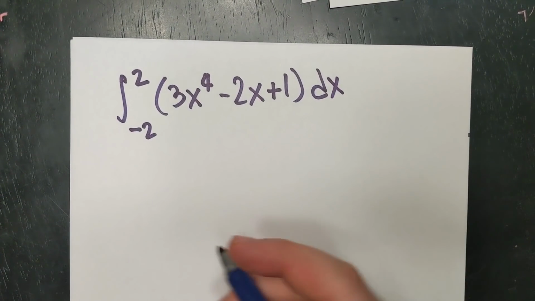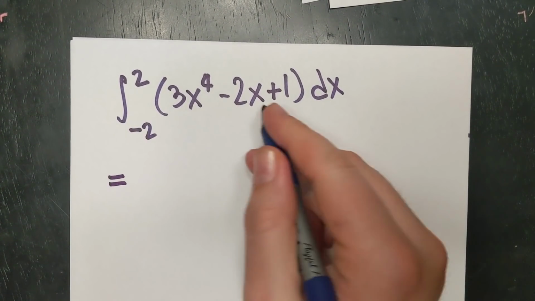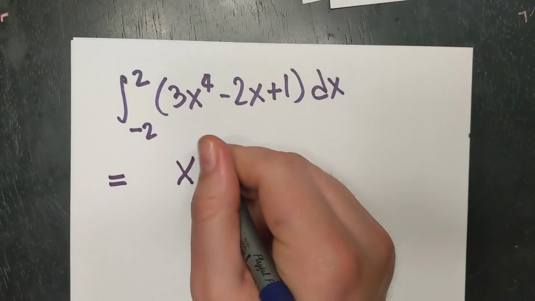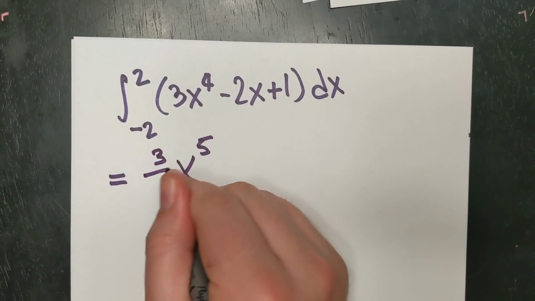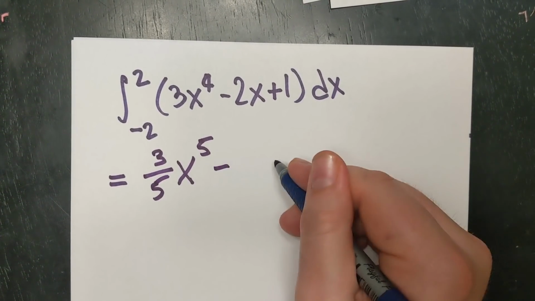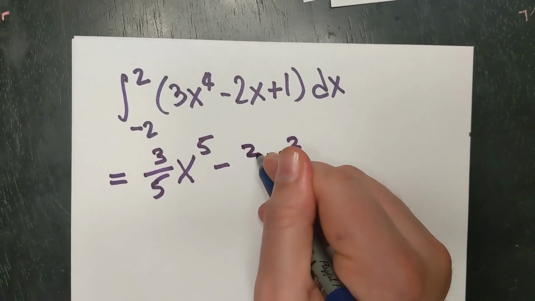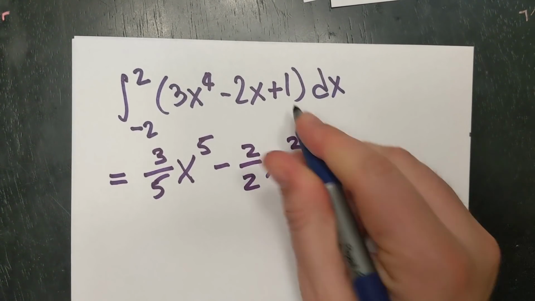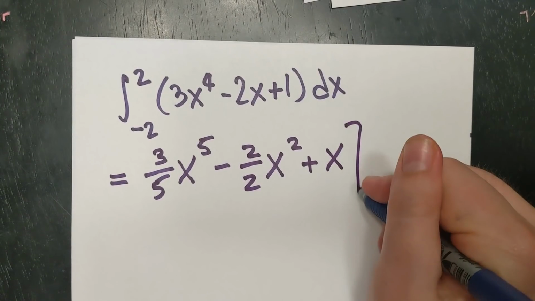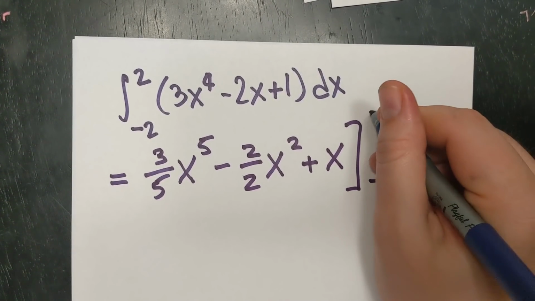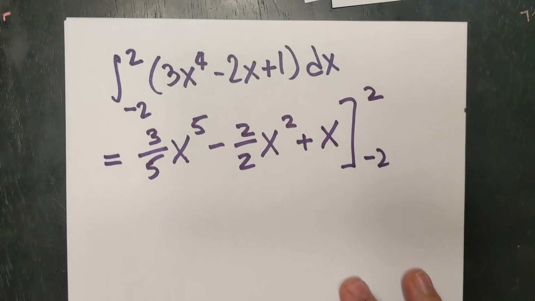How do we do this? This is just find the antiderivative. So 4 comes up to 5. Then you divide by that 5. X goes up to x squared. And then you divide by that 2. 1 goes up to x. You put in your endpoints, minus 2 and 2.